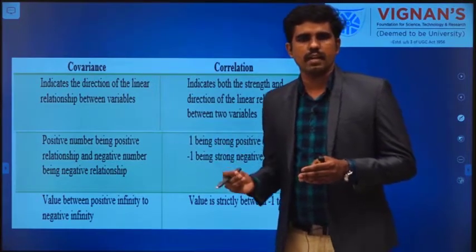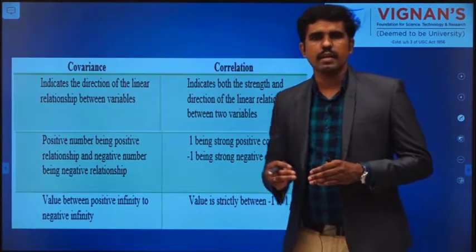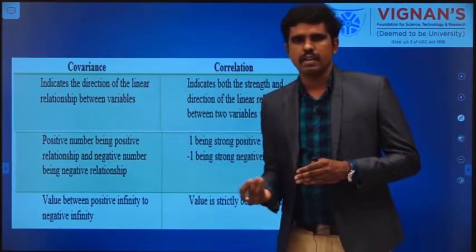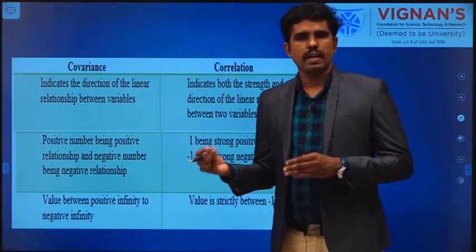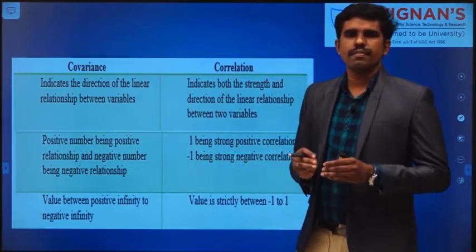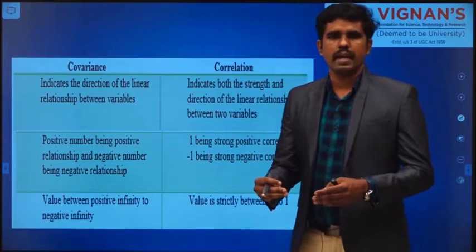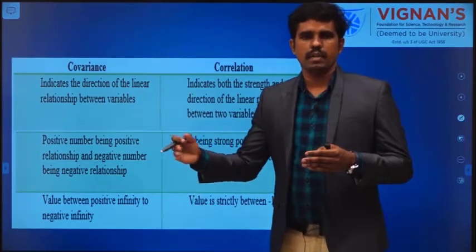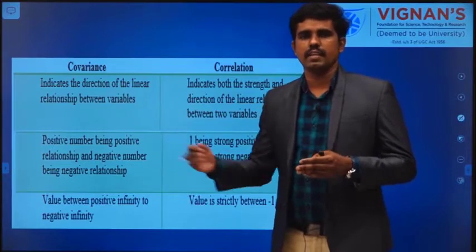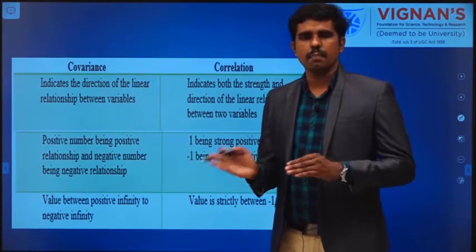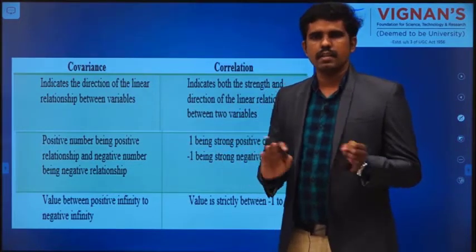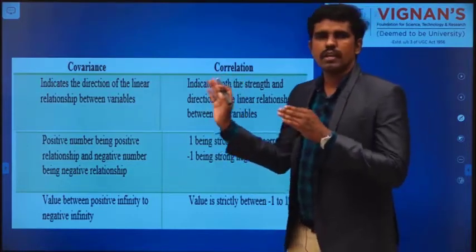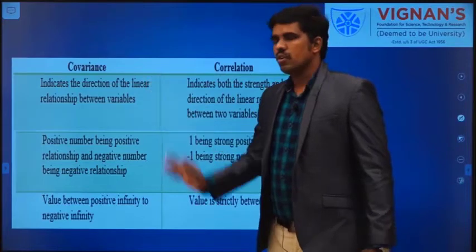If I reduce the speed of the bike, the duration of the travel time will increase. Both have opposite directions. Definitely there is a relation, but an opposite relation. So the direction only you can understand by using covariance.